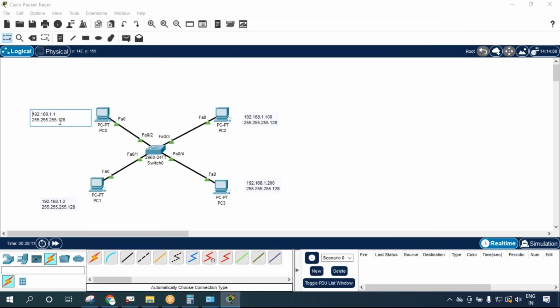Have you changed the subnet mask for all the PCs? Is it done? Just go ahead and update me in the chat box if it is done.